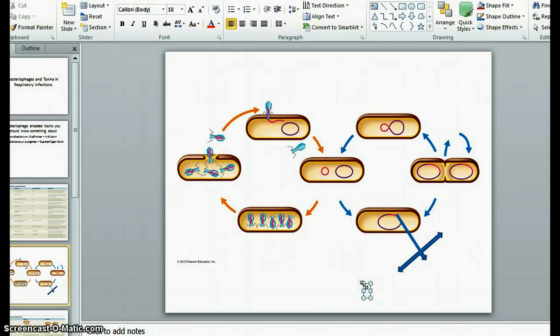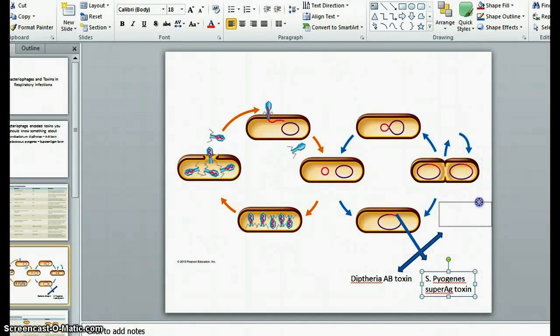It could be the diphtheria AB toxin. That's one thing that we've seen an example of, or it could be the S. pyogenes superantigen toxin. I'm just trying to link this to the bacteriophage one. Let's put that right up there.